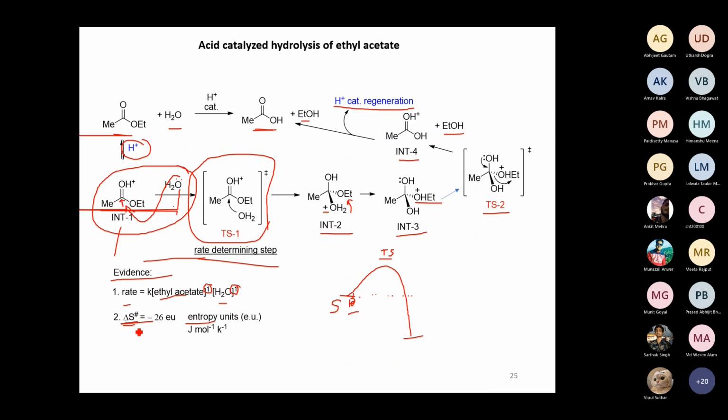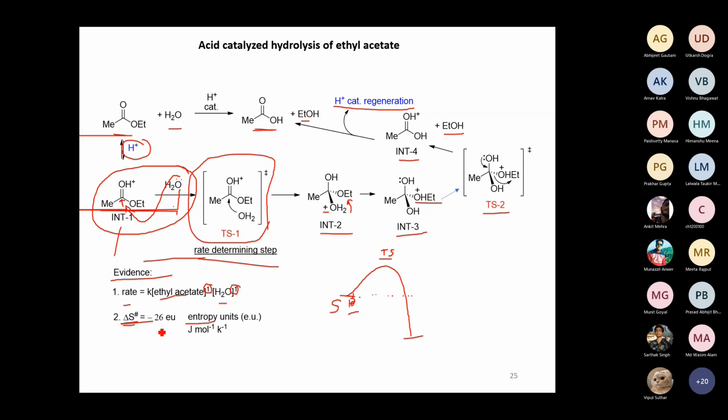Del S means entropy. If the entropy of the starting material is more than the entropy of the transition state, then the change of entropy, del S of activation, will be negative, right? What does it mean?